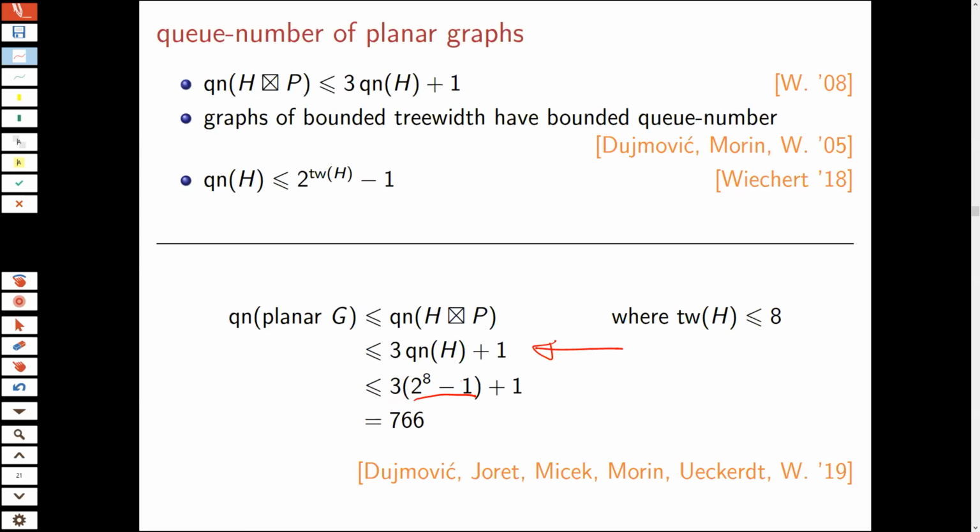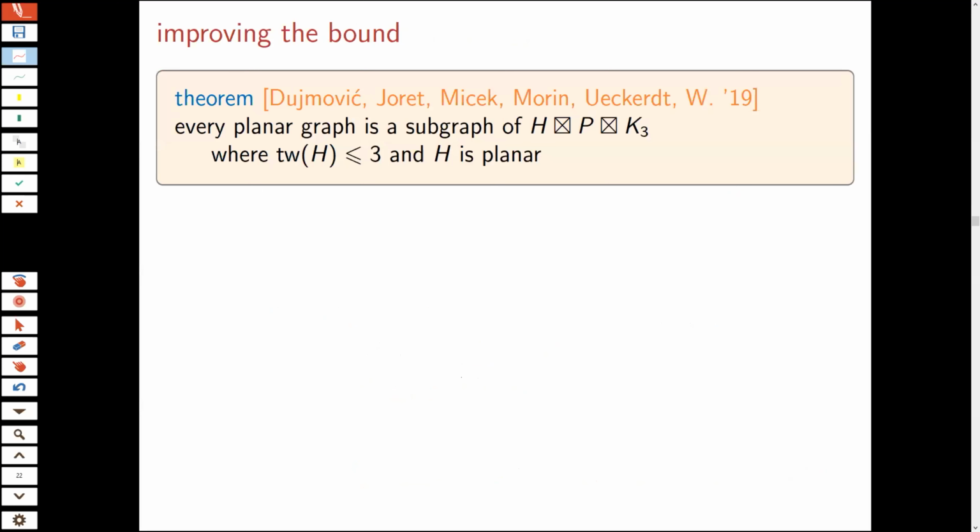But we can improve the numbers, and the key is to use this version of the structure theorem where we add the K3 here, and the bonus is that we get that the tree width drops a lot. And because the dependence on the tree width is exponential, this leads to a much better upper bound. There's a similar lemma for the Q number of a product when we add this extra term here.